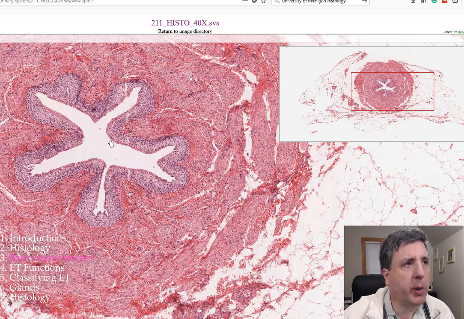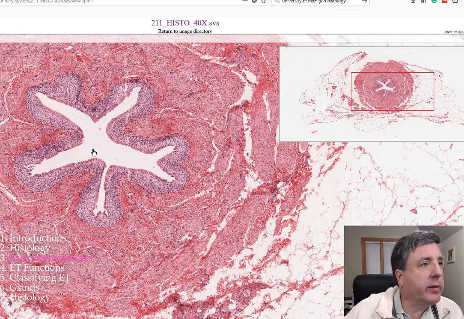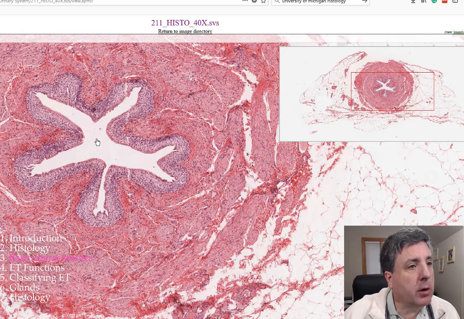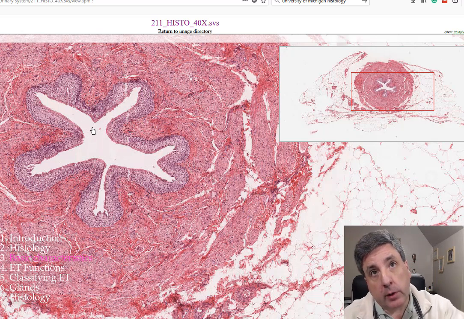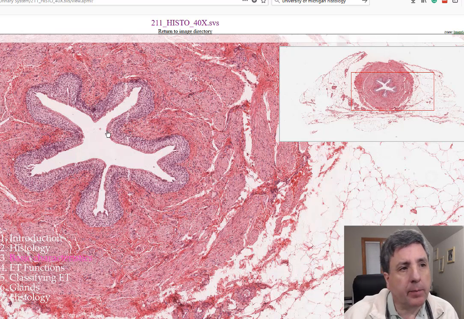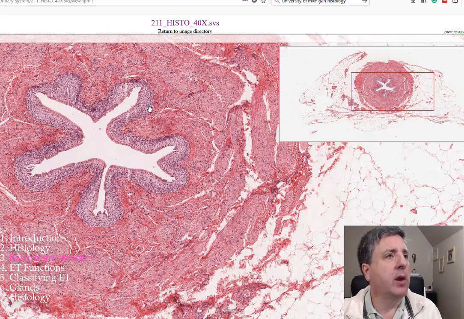Okay, so this is part of a tube. Actually, this looks like a ureter. It's a tube that goes from the kidney to the bladder. And we have tissue that lines this. So this would be the apical surface over here, and down here is going to be the basolateral surface on this.